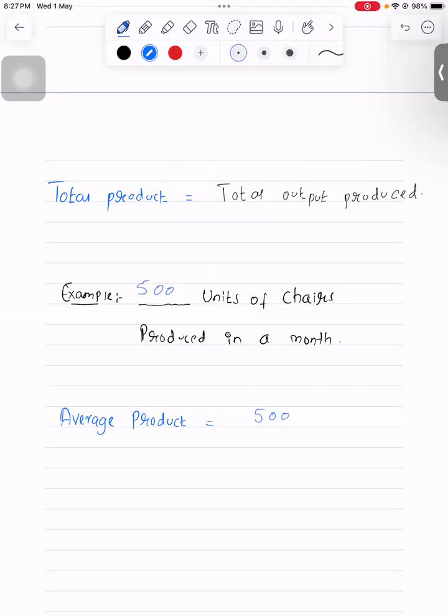So what will be the average product per labor? Right, average product per labor will be 250. So this is how you can find average product: total product divided by number of units of labor.